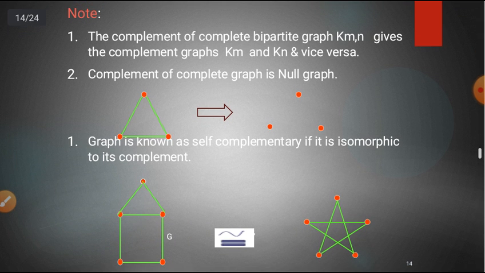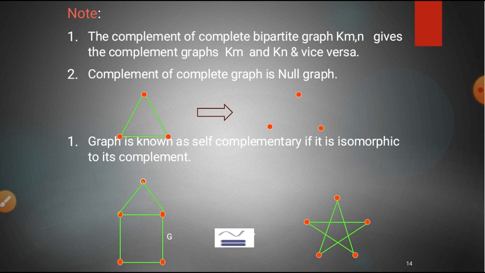Now note down some points. The first one is that the complement of a complete bipartite graph K m,n gives a complement graph Km and Kn, and vice versa.